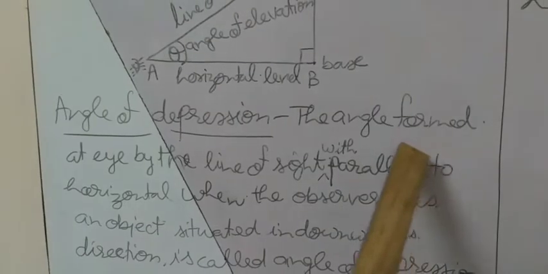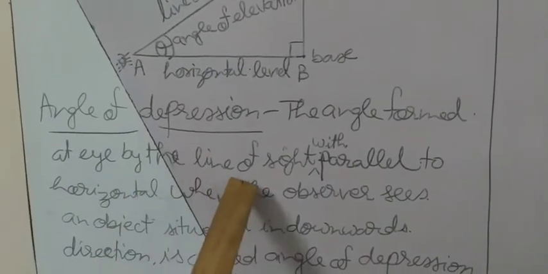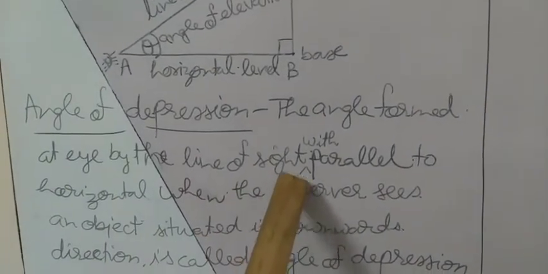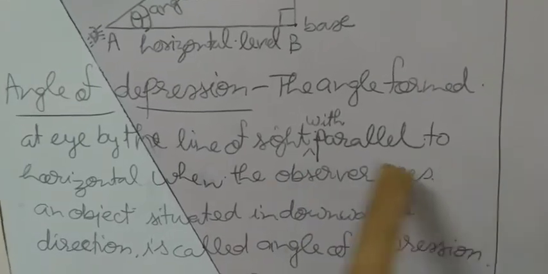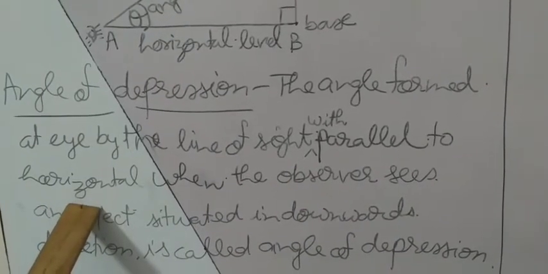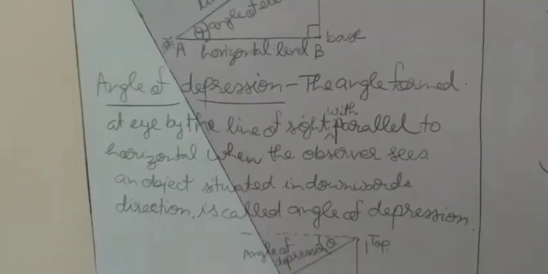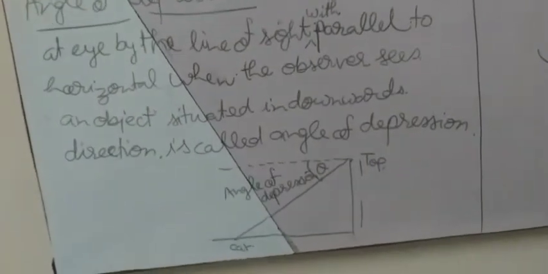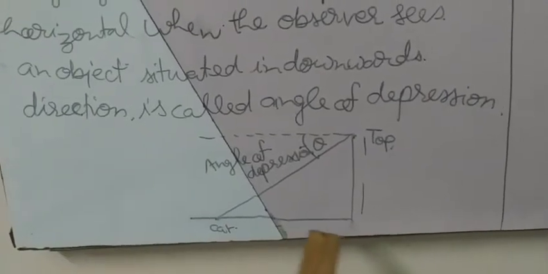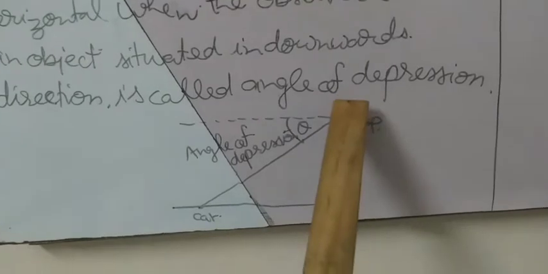The angle formed at the eye by the line of sight with the parallel to the horizontal, when the observer sees an object situated in a downward direction, is called the angle of depression. Students, this is the horizontal plane or horizontal line, and this is the top of the building.